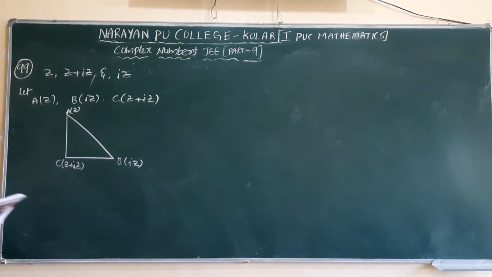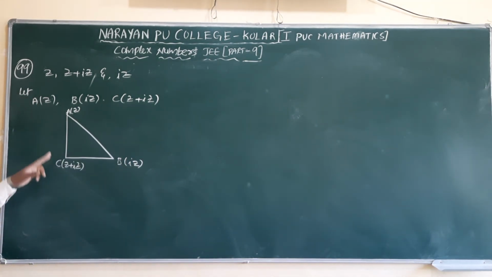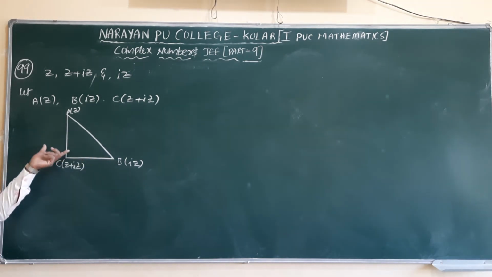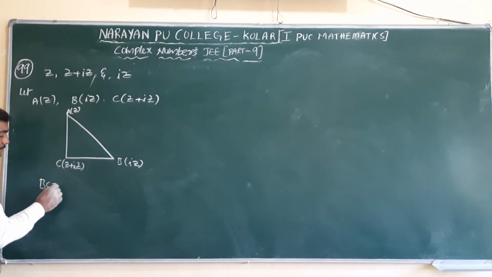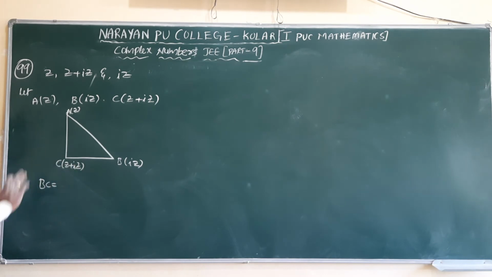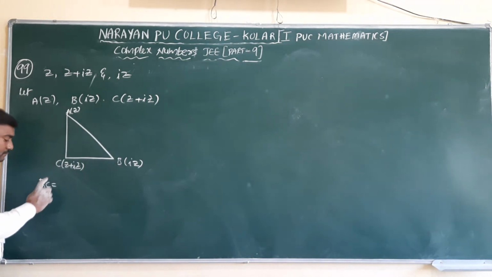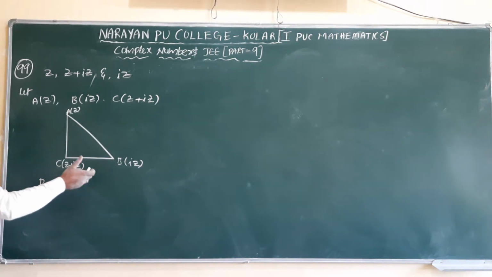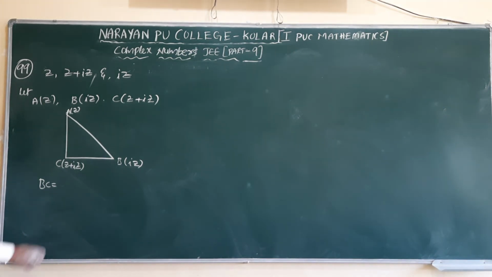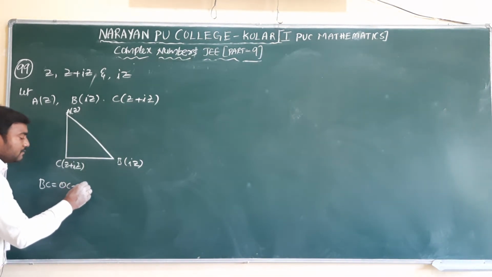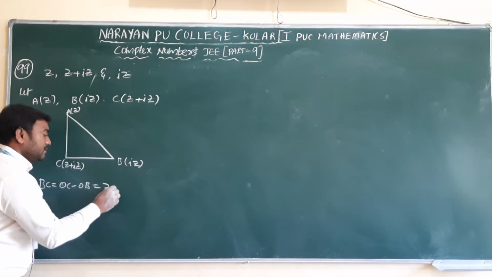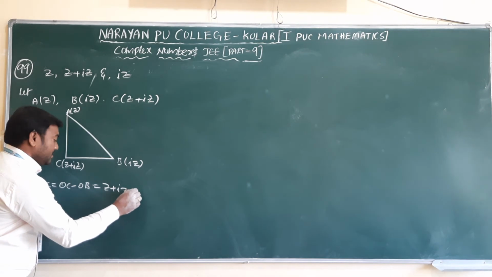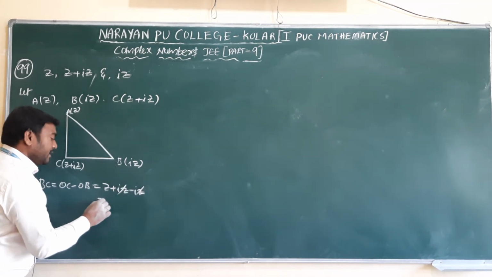Here AC and BC are perpendicular to each other at the point C. Now the distance of CB: we get OC minus OB, which is z plus iz minus iz; the iz cancels, remaining z.